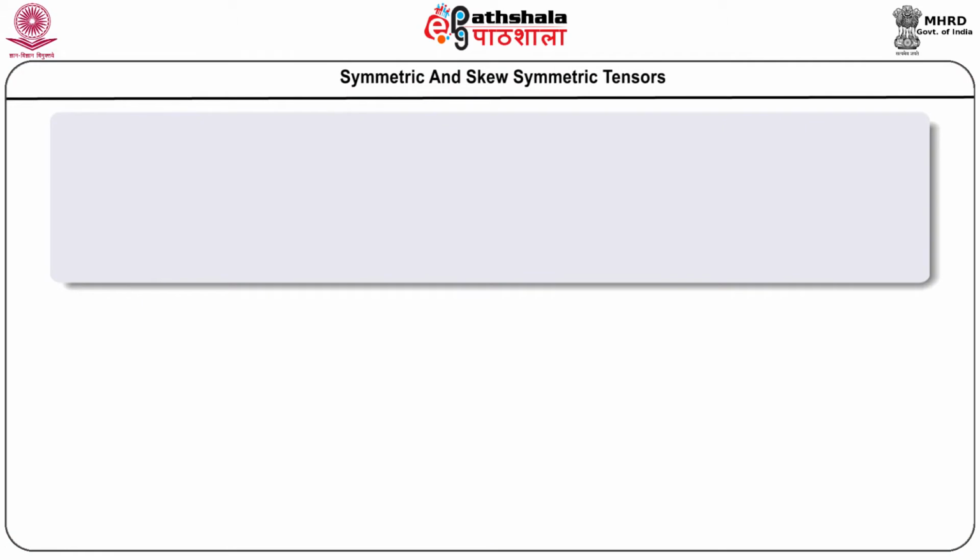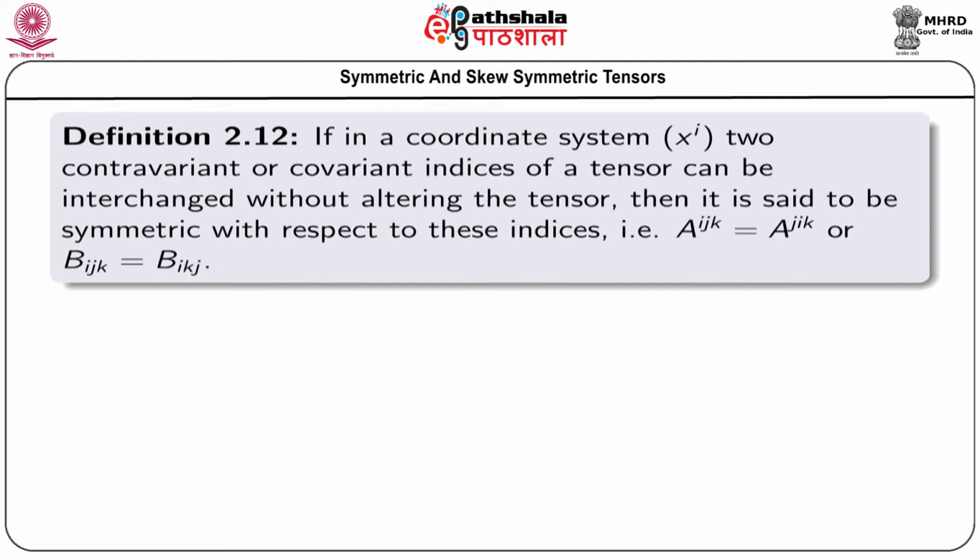In this module, we first define what is symmetric and skew symmetric tensors. Now, if in a coordinate system xi, two contravariant or covariant indices of a tensor can be interchanged without altering the tensor, then it is said to be symmetric with respect to these indices.